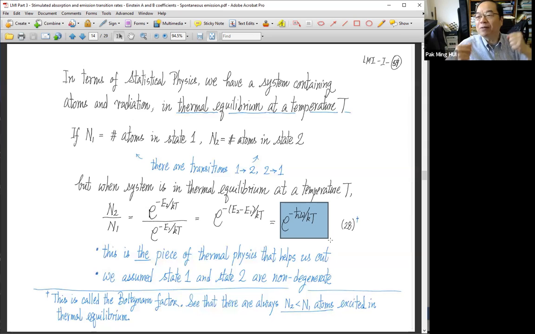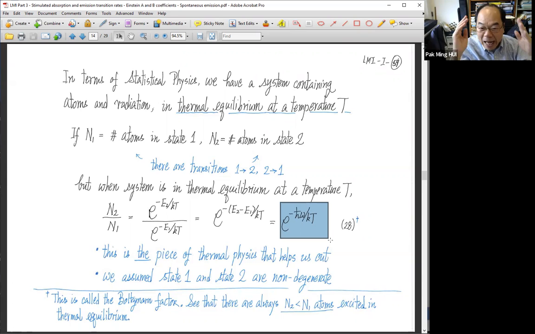So you heat up the system, you are moving more atoms up there, but you can never get more atoms at a higher level than at a lower level. So don't be too naive, okay? As a CUHK student, you cannot use temperature to put more atoms in a higher level than in a lower level.